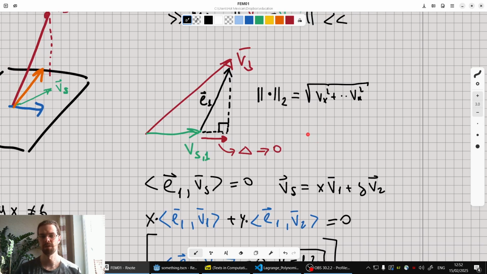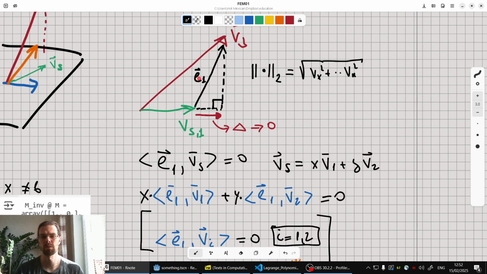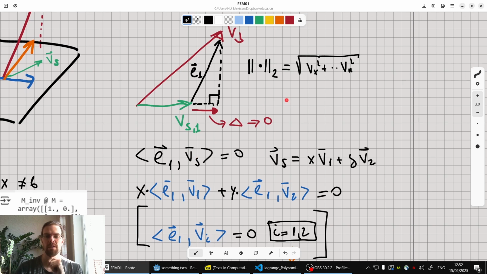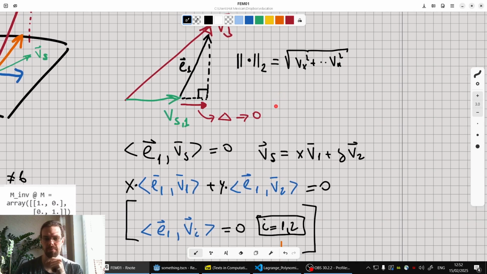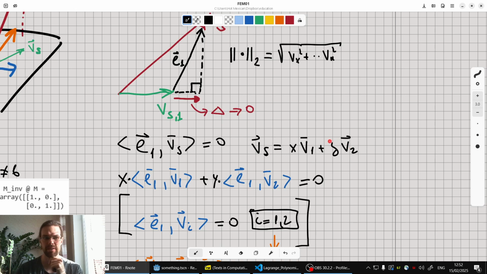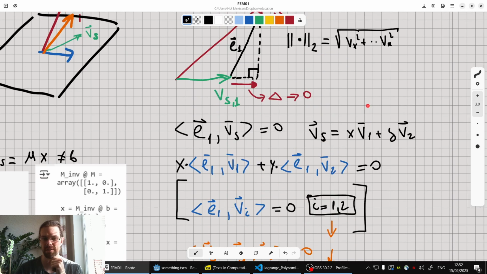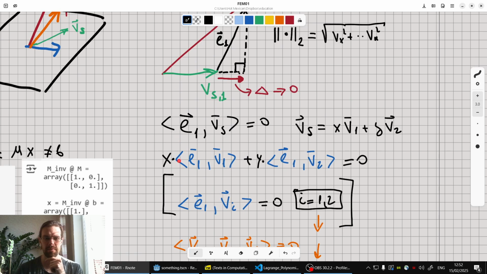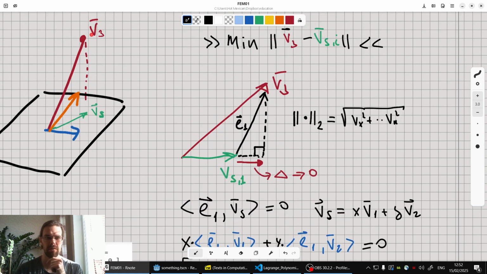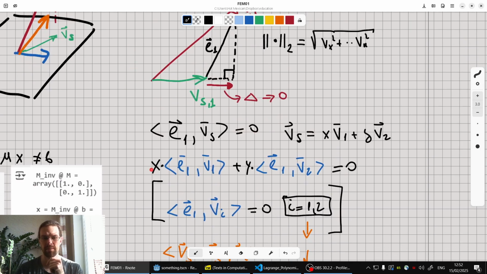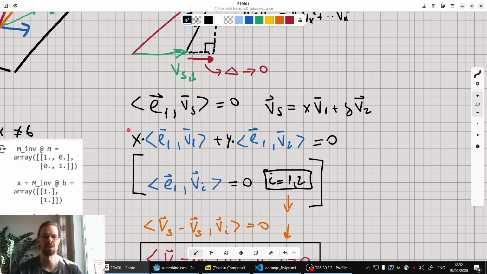So what we observe is that our solution will become orthogonal. Geometrically, the error will be orthogonal to our test solution. Maybe we can expand it a bit more. We write that this test solution is a linear combination of our basis vectors, columns of this matrix. Because generally this V can be anywhere, that means X and Y, these coefficients, should not be 0.